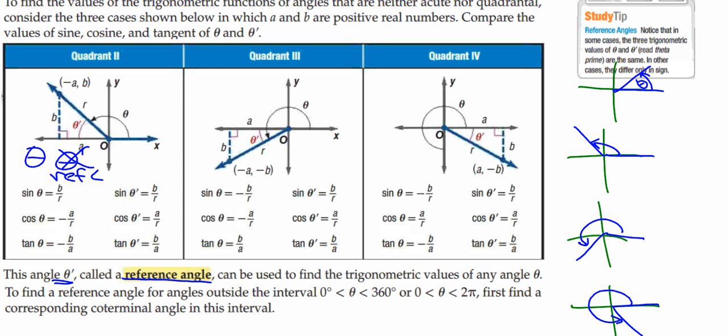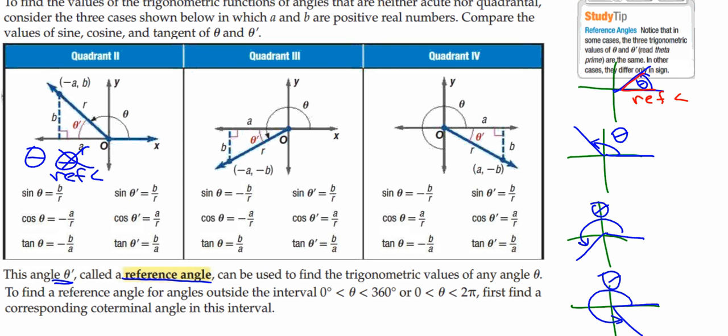So look at this, and I'm color coding it. The blue angle is theta, and the red angle is going to be the reference angle. If it's in the first quadrant, the reference angle and the actual angle are exactly the same. Except if it spins and ends up there, then the reference angle is just that short angle between 0 and 90, or 0 and pi over 2.